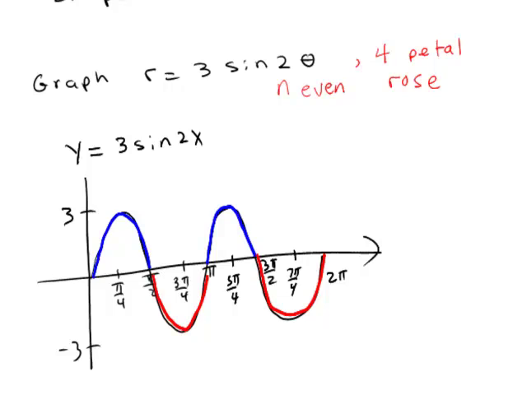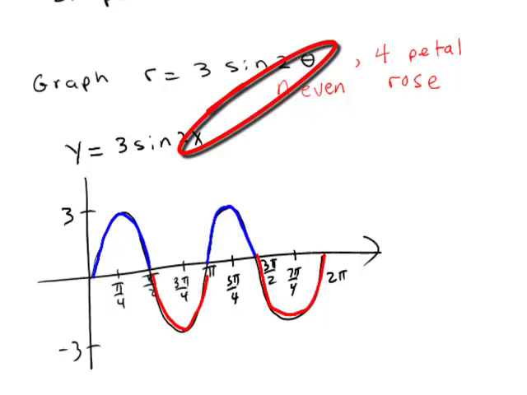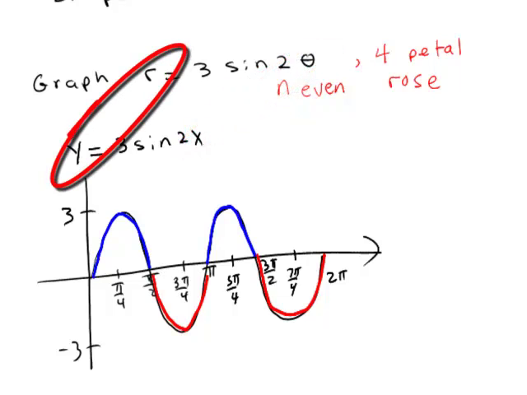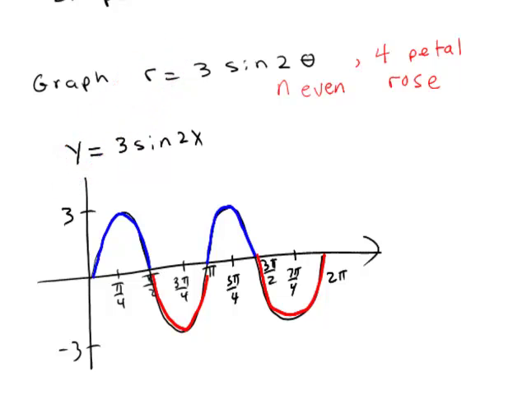In this case, for my rectangular equation y equals 3 sine 2x, x is the same as theta in the polar, and y is the same as r. So as x increases, that's like theta increasing. And as y increases and decreases on this curve, that's how r is increasing and decreasing.